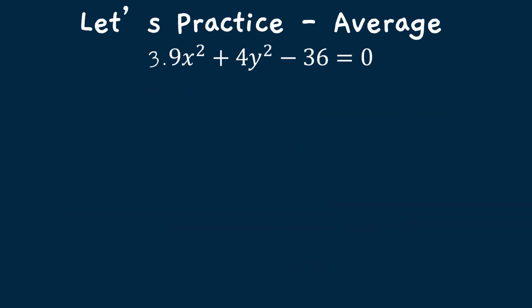For example number 3, let us have the equation 9x squared plus 4y squared minus 36 is equal to 0. As we can see here, this is an example of an ellipse where your center is at 0, 0. So why do I say that this ellipse is having a center at 0, 0?